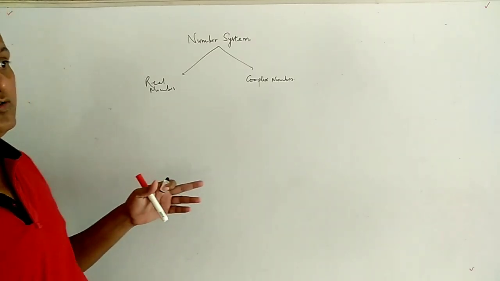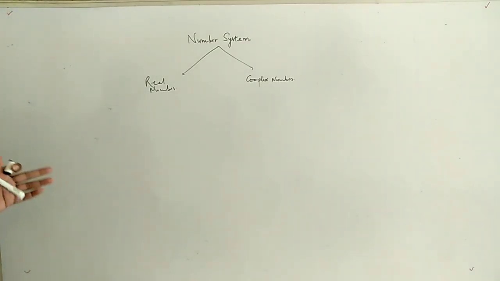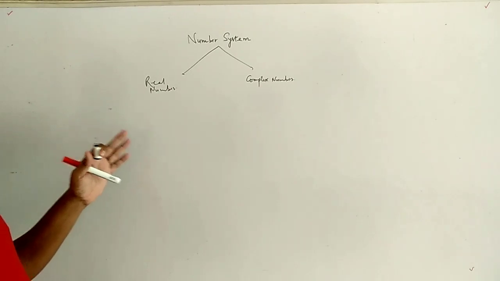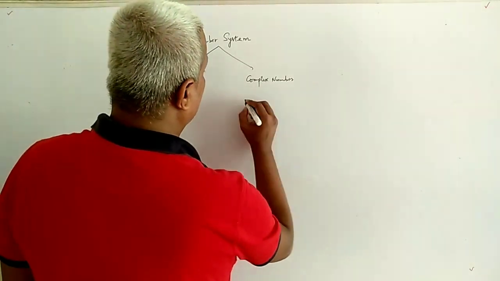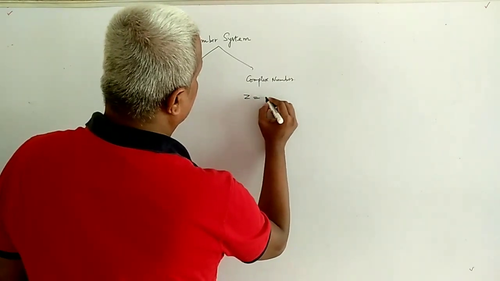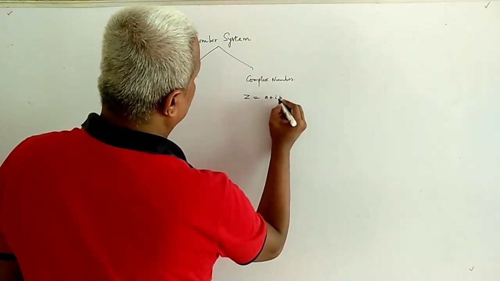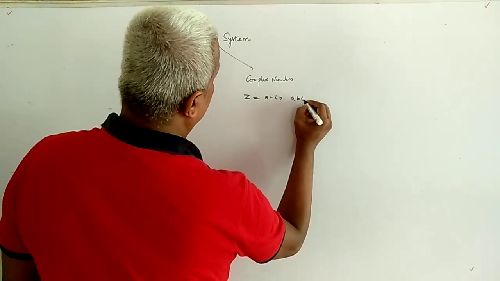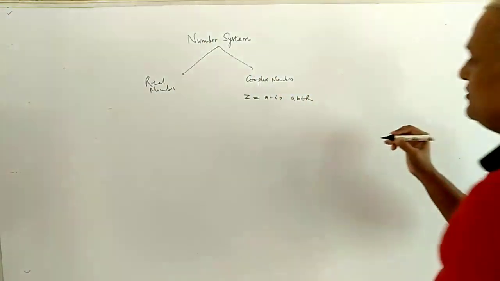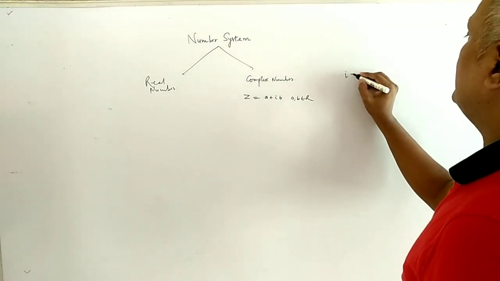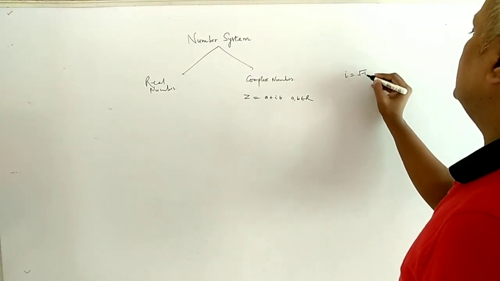But we are not going to study those engineering mathematics, maybe later I can explain that, but right now we are focusing on complex numbers. So we have complex number Z is A plus iB, where A and B are real numbers. Before that, I would like to say about this iota: iota is under root minus 1.